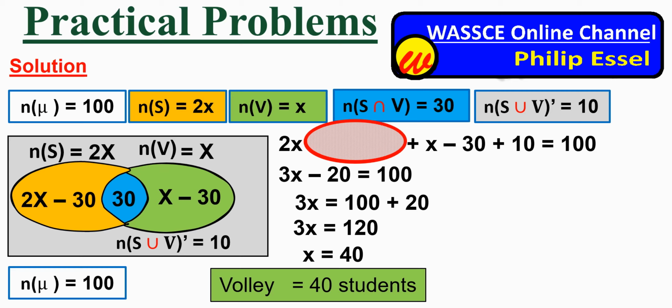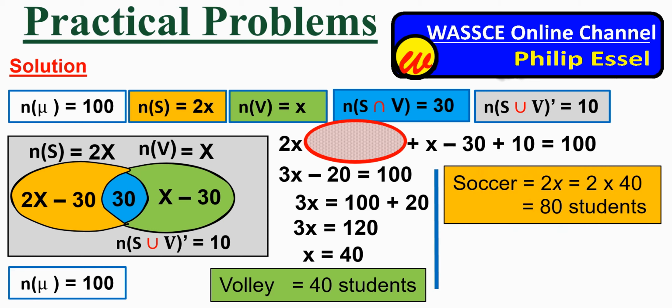So the number of students who play soccer will be equal to 2x, which is 2 times 40, because x is equal to 40. 2 times 40 will be 80. So our answer is 80 students. That brings us to the end of example 4. Let's look at example 5.